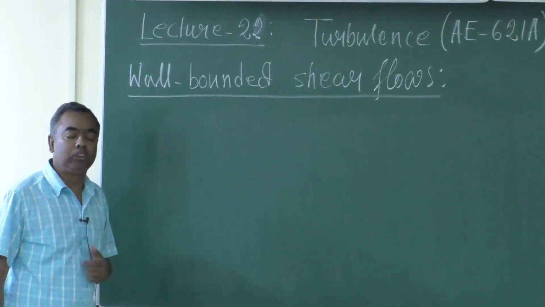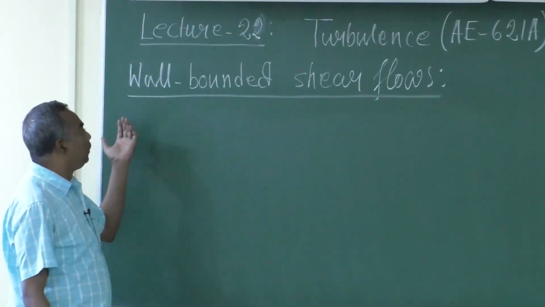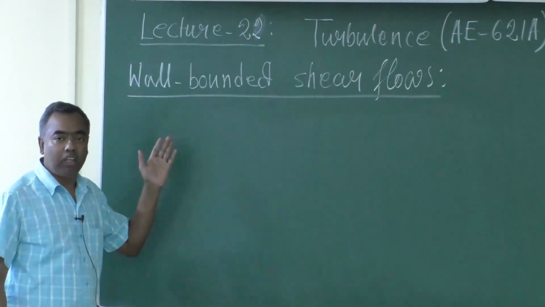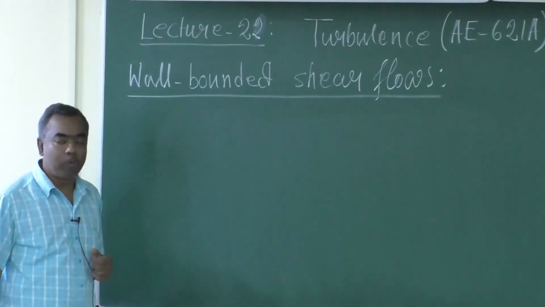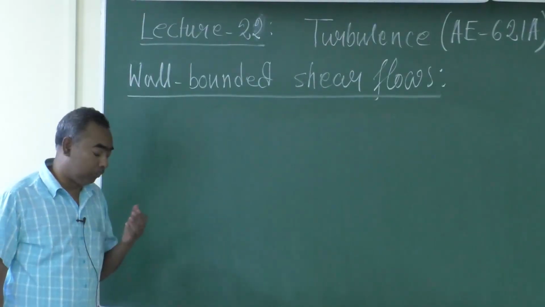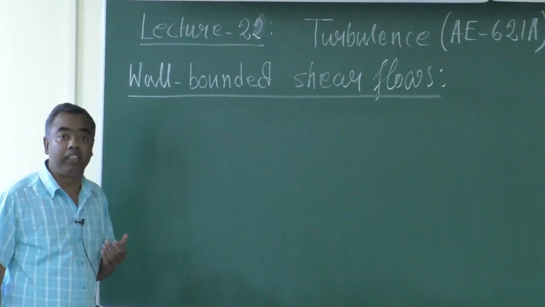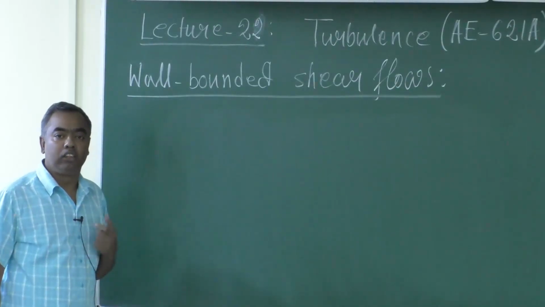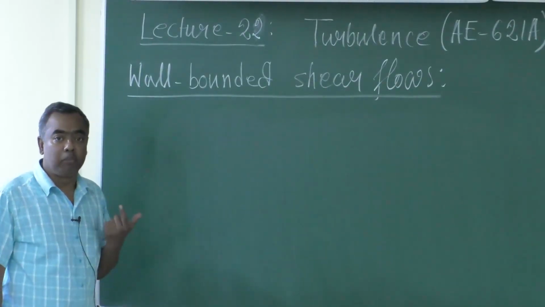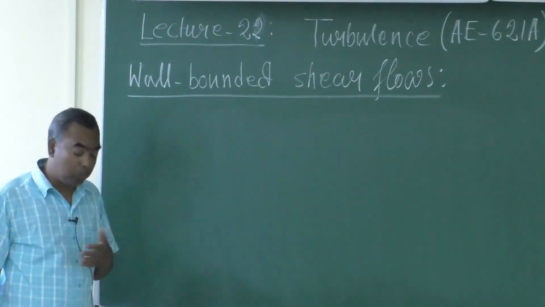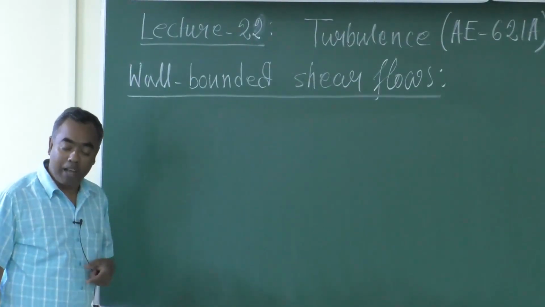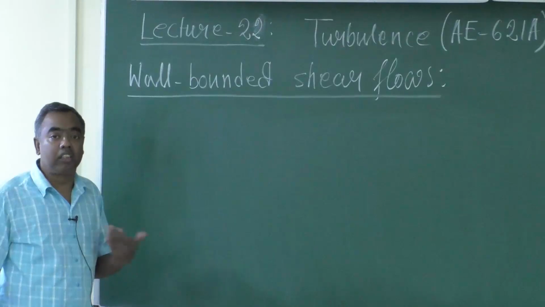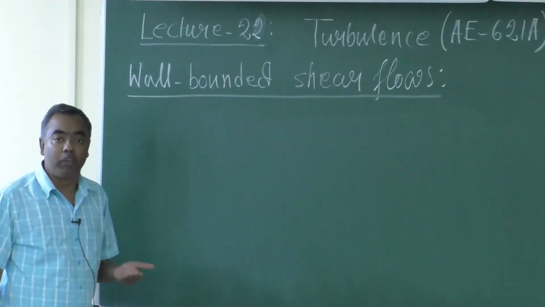Mainly there are three wall bounded flows which are very important from an engineering point of view: flow through channels, flow through pipes, and flow over a flat plate or boundary layers, for example flow over an aircraft wing.